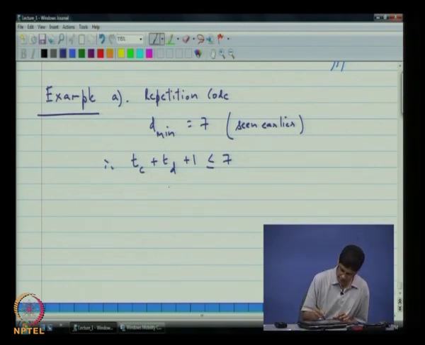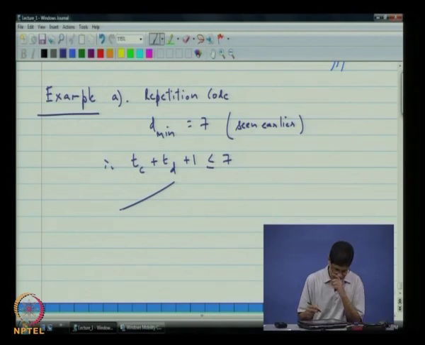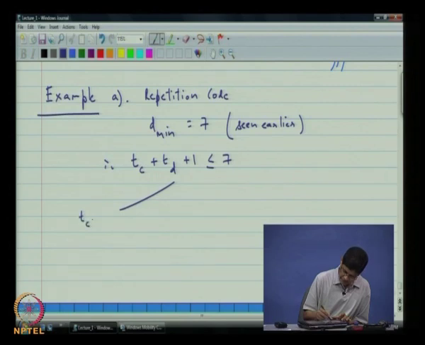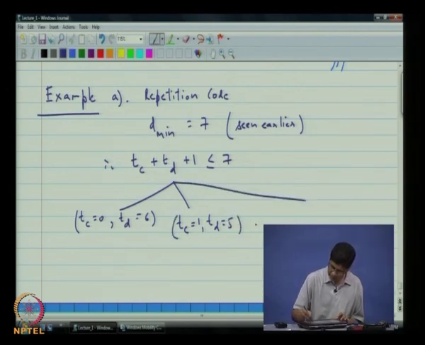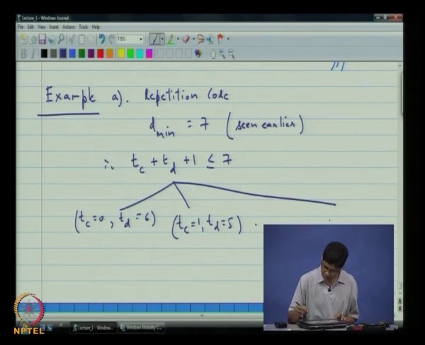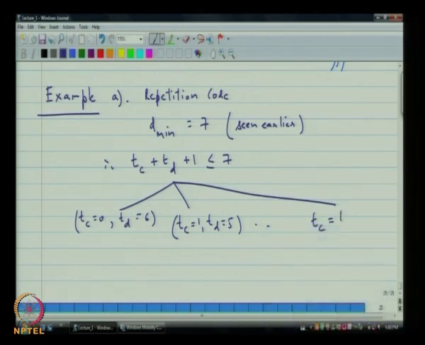So, from this you can actually use the code on the one hand as a code in which T sub C is equal to 0 and T sub D is equal to 6. You could use it as a code for which T sub C is equal to 1, T sub D is equal to 5. And then at the other end of the spectrum, you can also use it as a code for which T sub C is equal to T sub D is equal to 3.